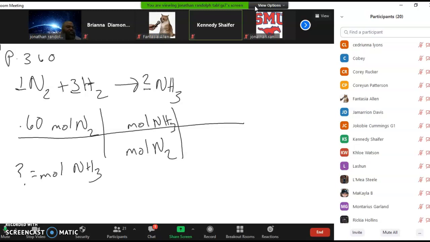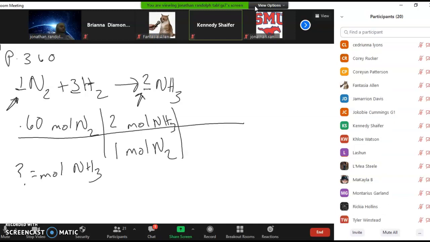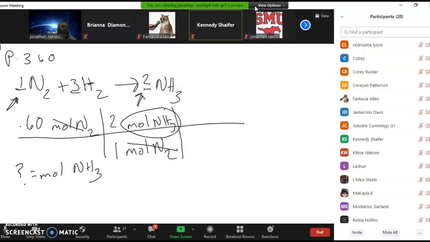So for every single mole of N2, you produce 2 moles of NH3. So you got 1 here and 2 here. Moles of N2 cancel out. You're left with moles of NH3, which is what you're looking for.